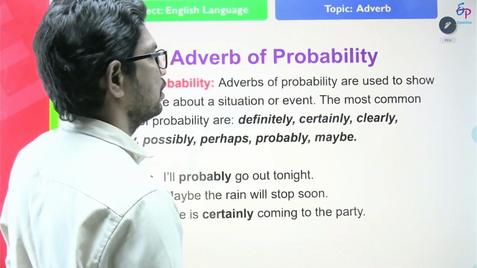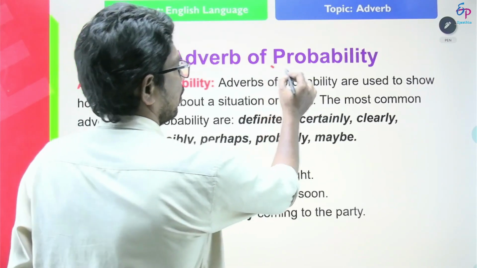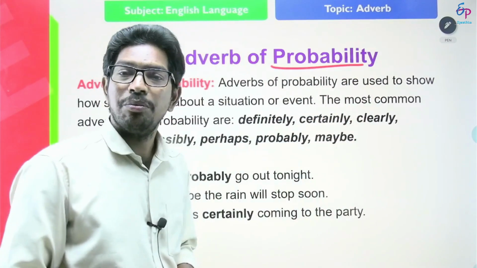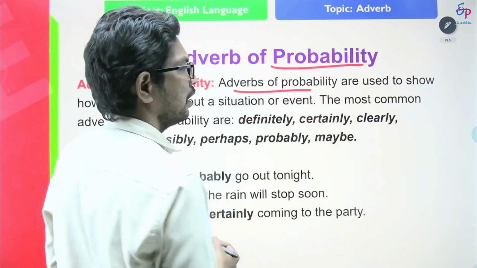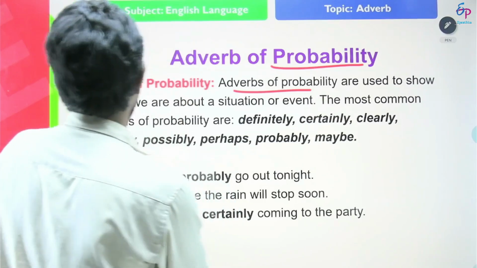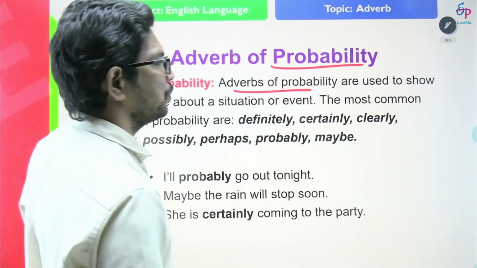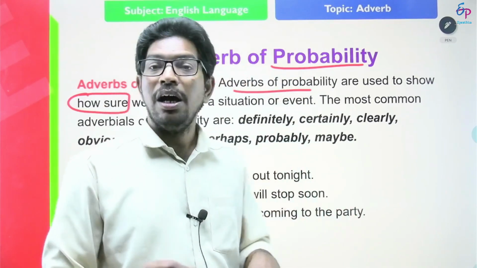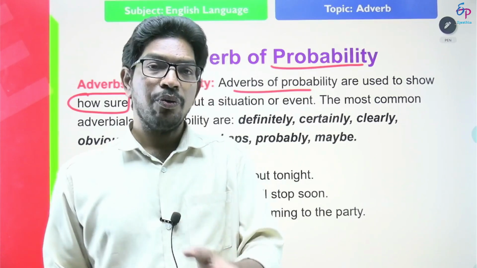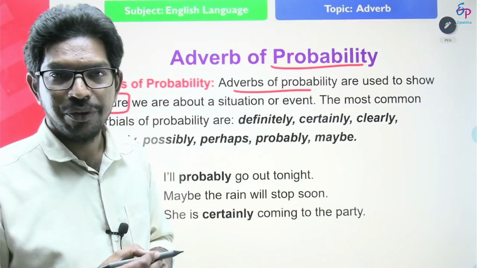Next, let us discuss adverbs of probability. So what is an adverb of probability? Adverbs of probability are used to show how sure we are about a situation or event.